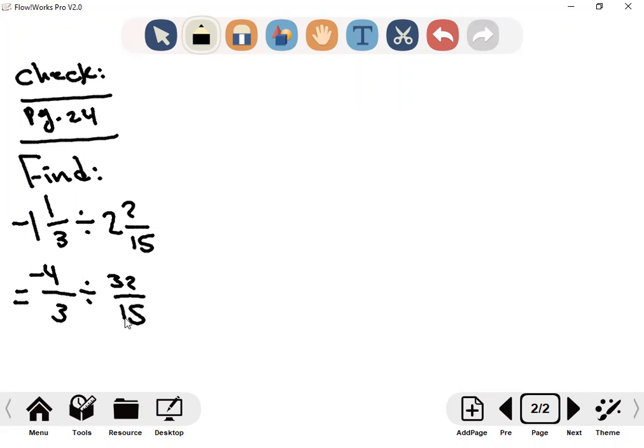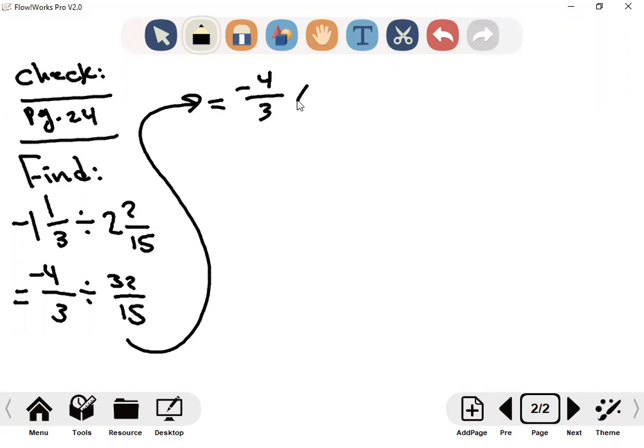Now you have two fractions, so you are ready to apply the formula of the division. So the first fraction, keep it, the division multiply, the second fraction you flip it. So this is equal -4 over 3, same, multiply the second one, we flip it, 15 over 32. Now here you have two ways you can multiply.